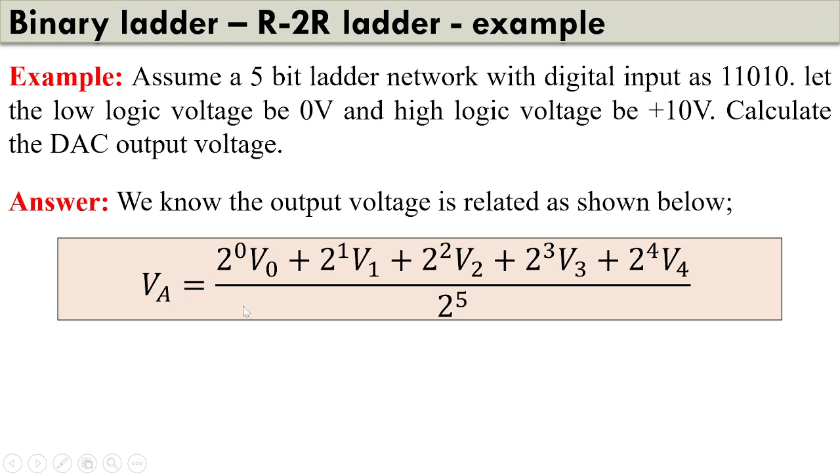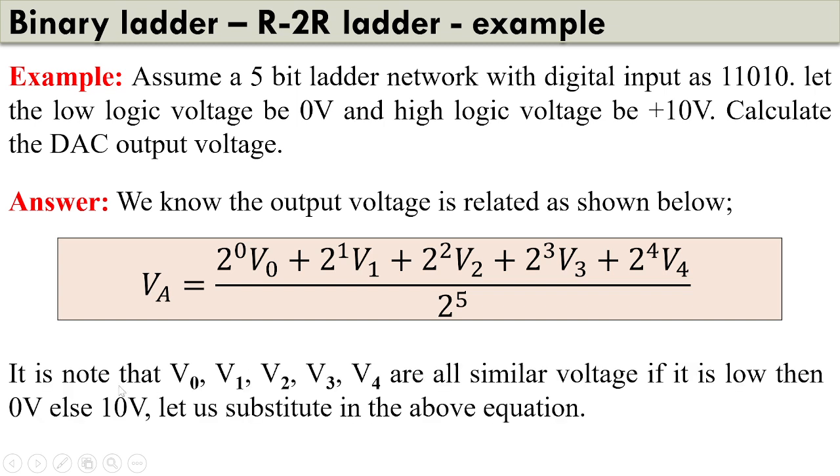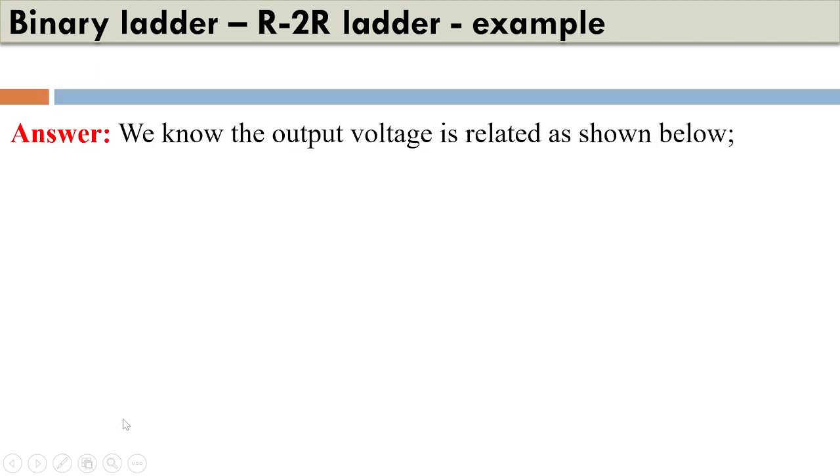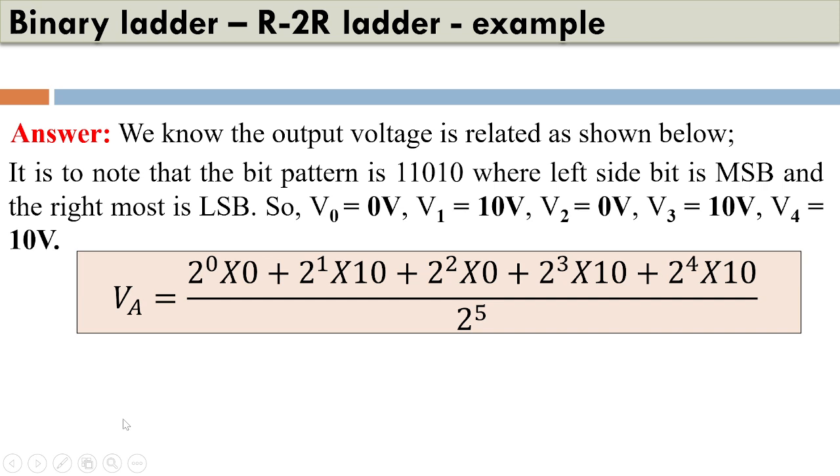So if we substitute the values of voltage in this particular expression, we can see we are considering low logic as 0 volt and high logic as 10. So we will replace the voltage in this particular expression. Now V0 is the least significant bit voltage, which is 0, so it has been replaced with a 0.